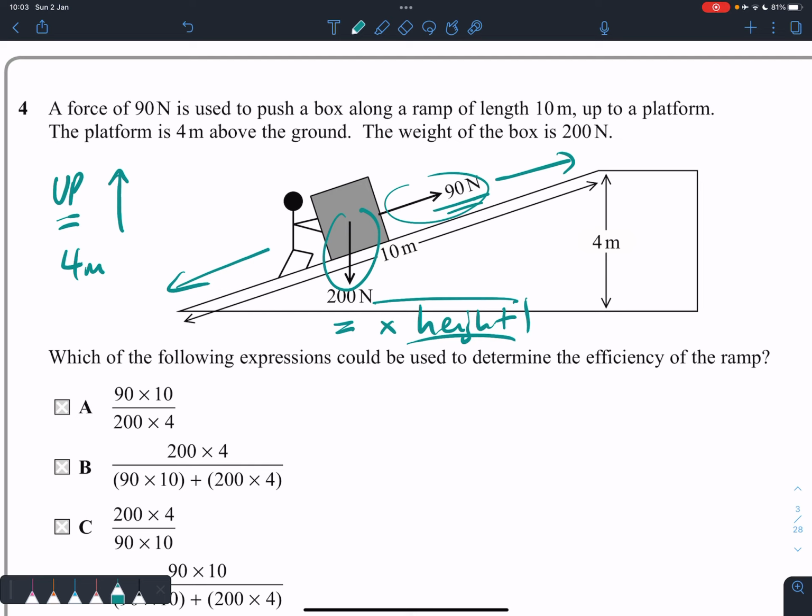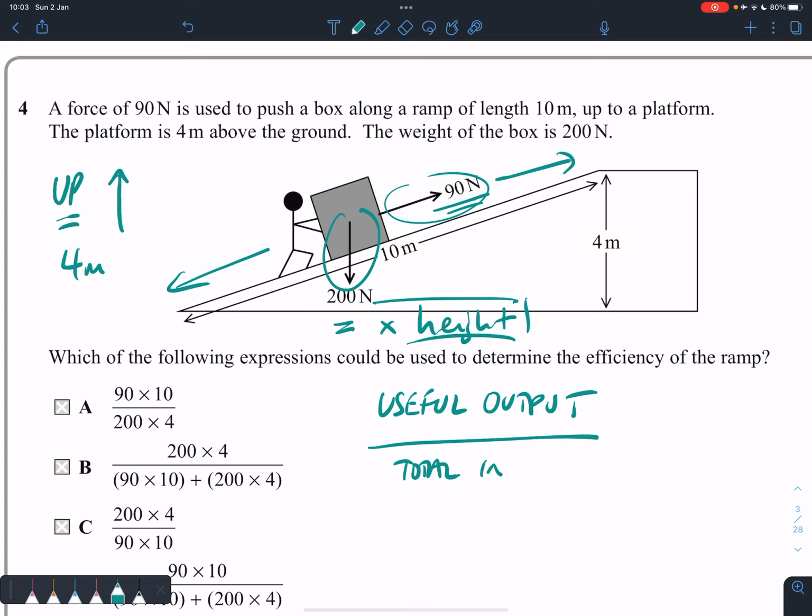So the efficiency is going to be the useful output energy divided by the total input, and then as a percentage.